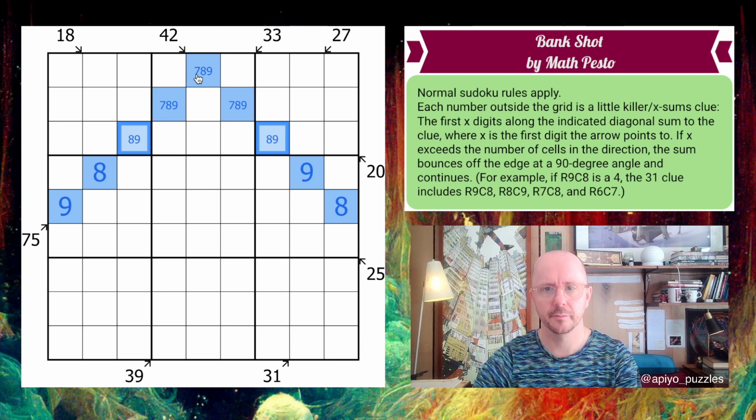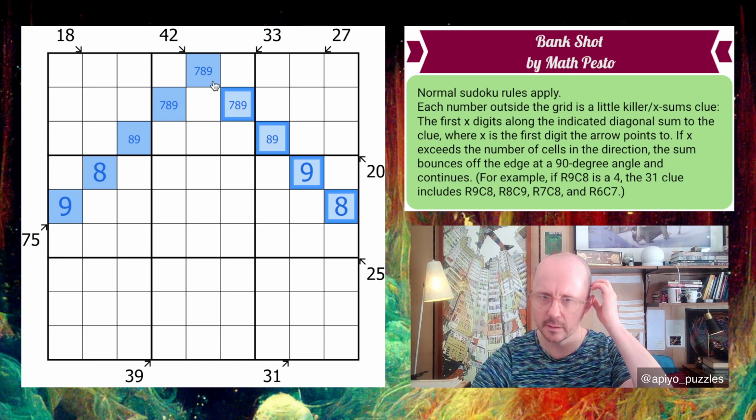Now, this one's interesting because it's part of the 42. In fact, what do I know here? I've got 17, so the minimum along this diagonal is 17 plus 8, 25 plus 7, 32. And if this was an 8, that's not going to work. 33, 7, 40.